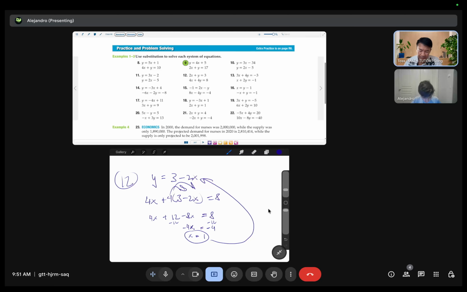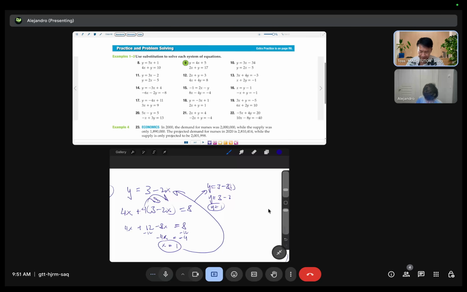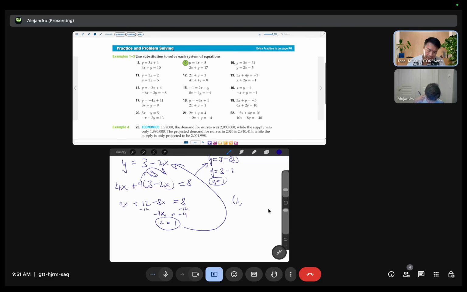I solved for y mentally, so I plug it in there. This is what I'll get. It'll become 3 minus 2 times 1, which is 3 minus 2, which is going to be 1. 1 comma 1. And then you probably mentally see that. So the answer in coordinate form is 1 comma 1, like that.